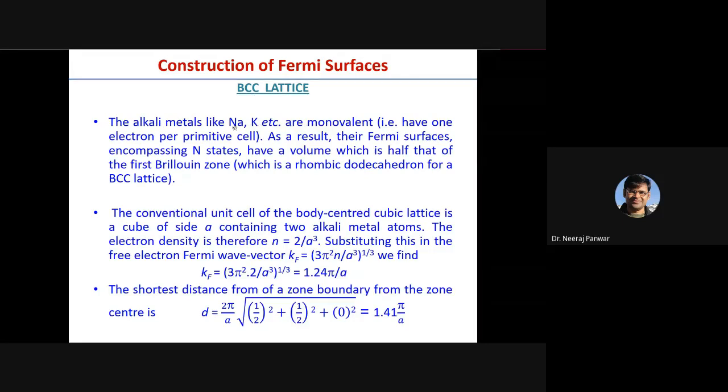Alkali metals, for example sodium and potassium, are monovalent metals. They have one electron per primitive cell. As a result, their Fermi surface encompassing N states has a volume which is half that of the first Brillouin zone.